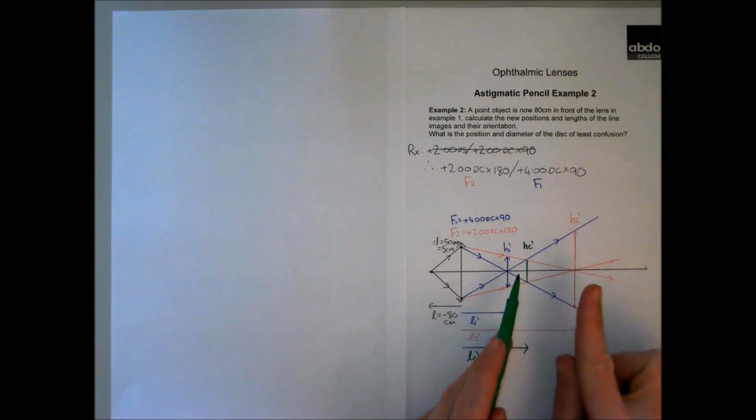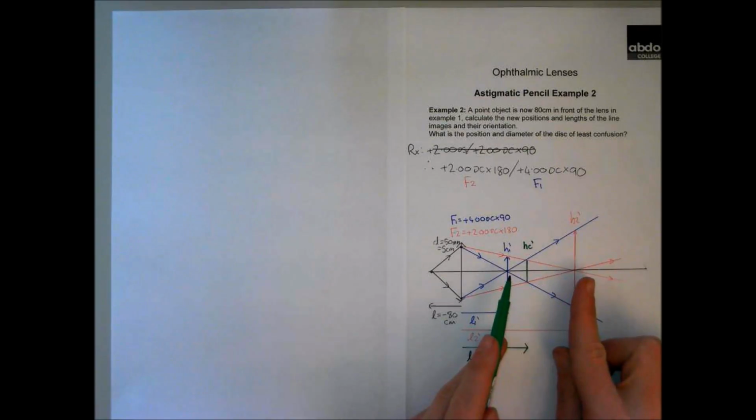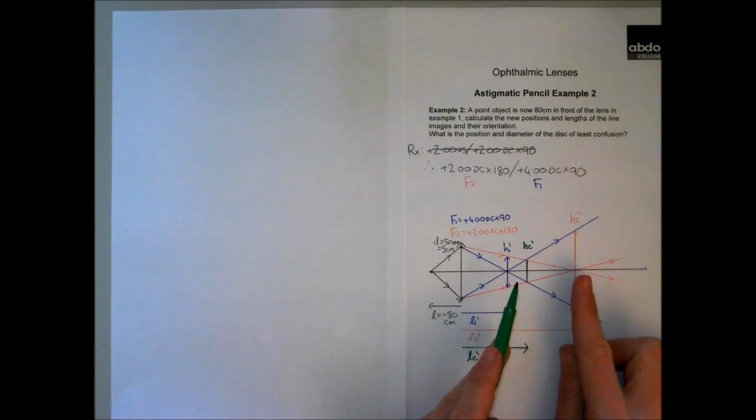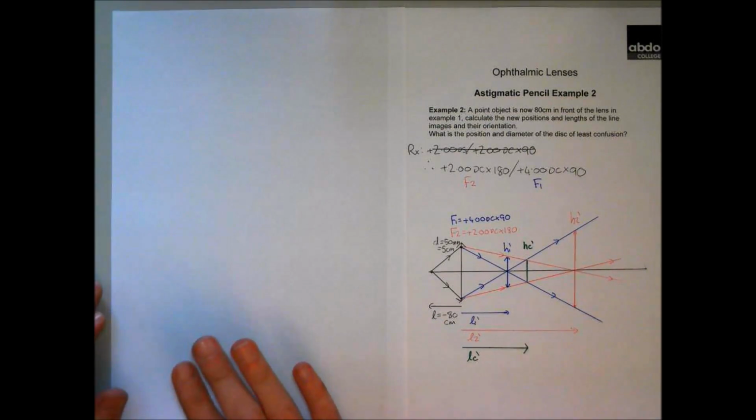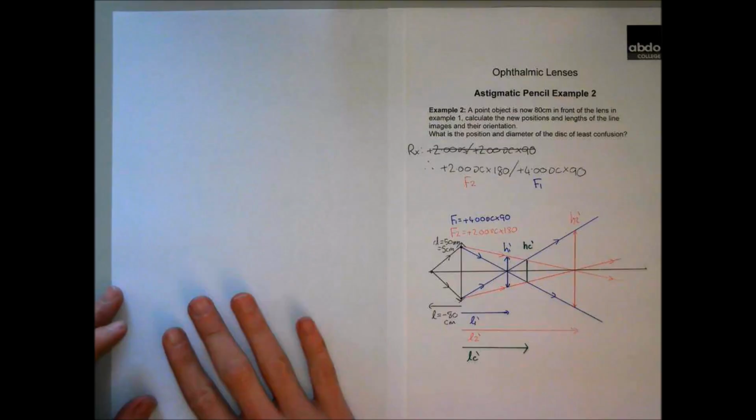However, what are additive are focal powers. And this disk of least confusion, whilst it's not halfway between these 2 points in terms of distance, it is in terms of its vergence, in terms of its power at that point. We say it is dioptrically midway between the two images.